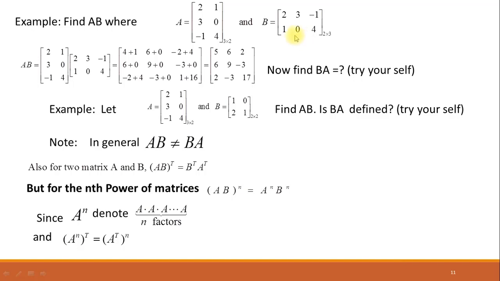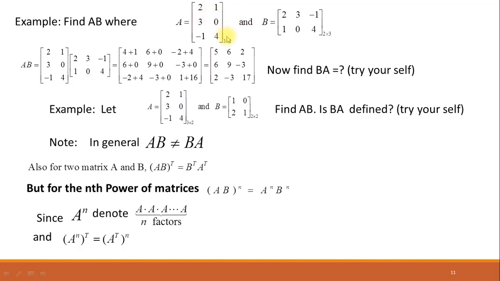So to multiply these matrices, first of all we check whether the multiplication is possible. For the multiplication of AB, the number of columns in matrix A must be equal to the number of rows in matrix B.